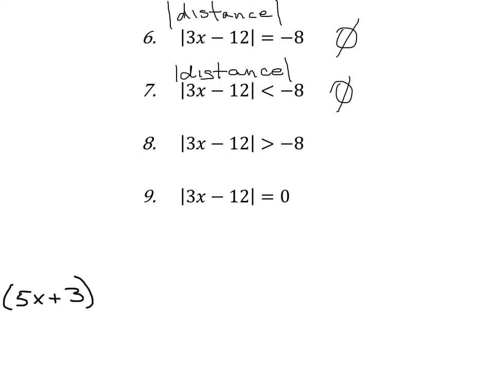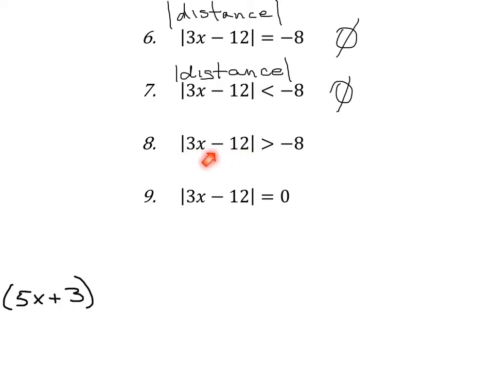Okay, what about distance being greater than a negative number? Think about it. Can a distance be greater than a negative number? Well, yes, by definition, a distance is always greater than a negative number. So this is a distance, and it's always going to be greater than a negative number no matter what's inside of here. If 3x minus 12 works out to be negative 4, the absolute value of negative 4 is going to be positive 4, and positive 4 is greater than negative 8.